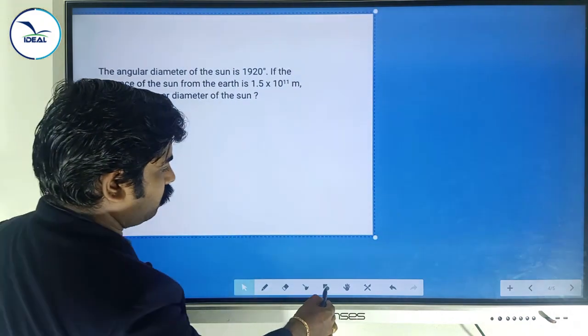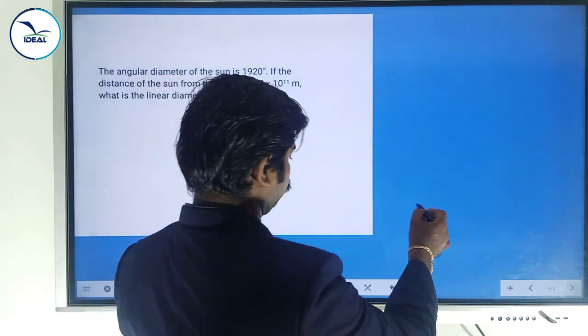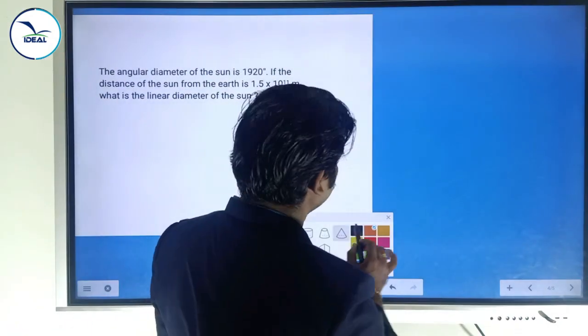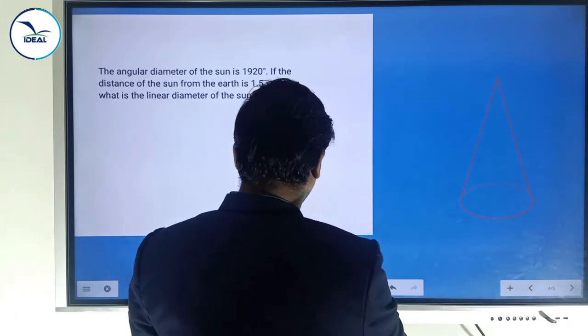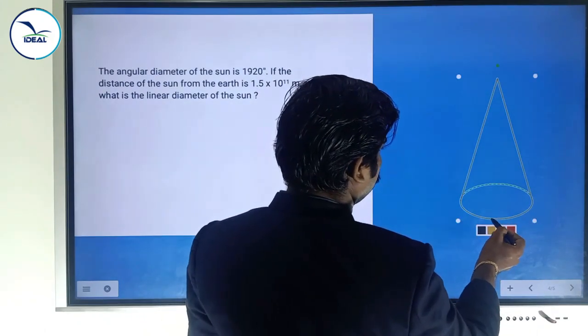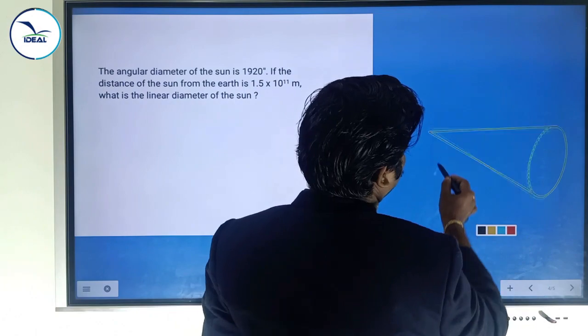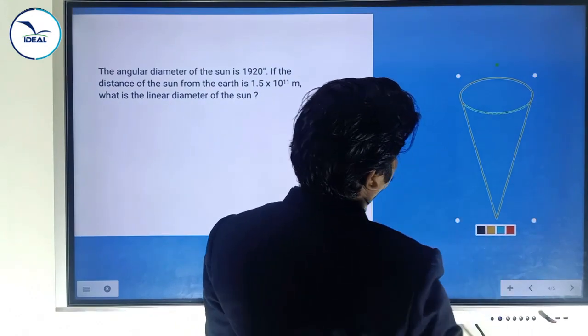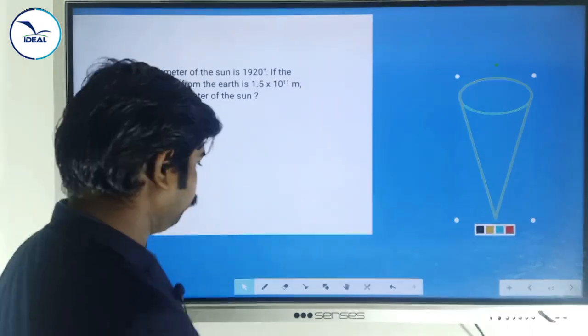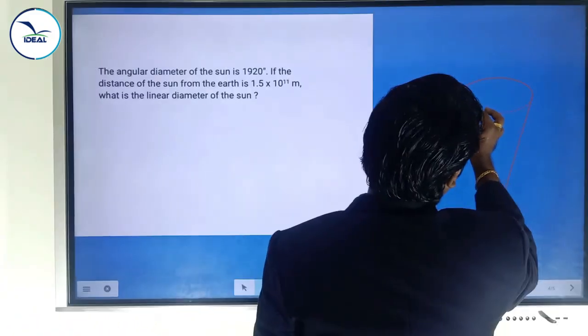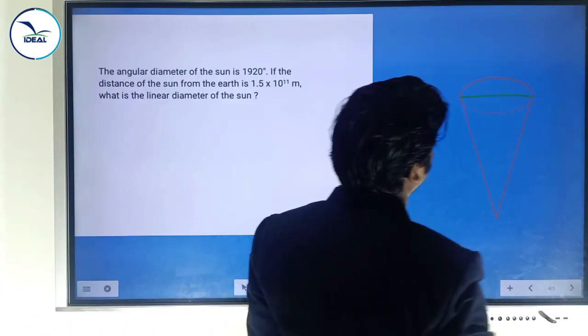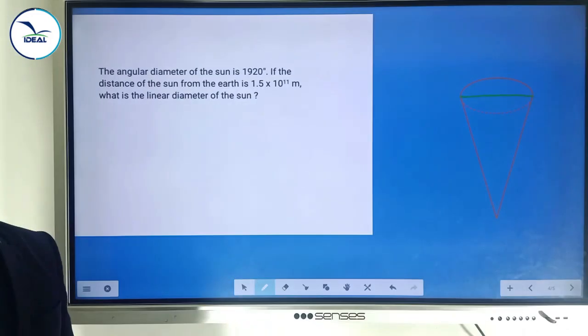How can we find it? Here, just like this, we want to find out this diameter.